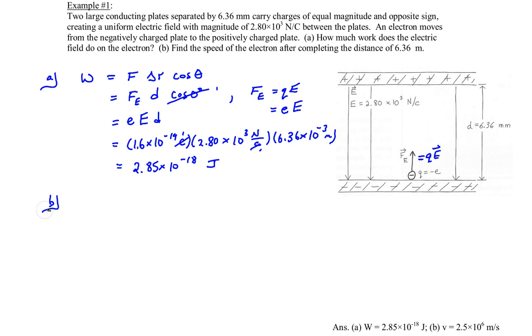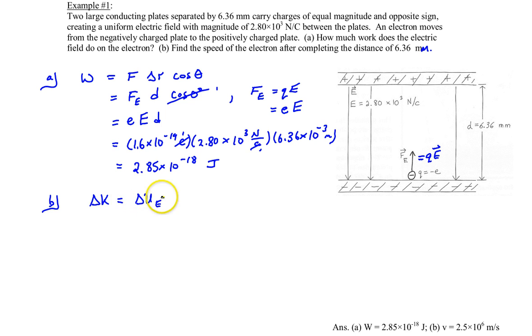Let's determine the velocity of the electron as it completes this distance of 6.36 millimeters. Okay, so we have one important assumption. We'll assume that the change in kinetic energy is equivalent to the change in electric potential energy, because we're going to assume that the loss of electric potential energy will be entirely converted into an increase in kinetic energy.